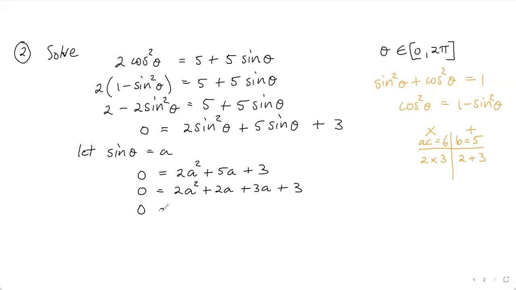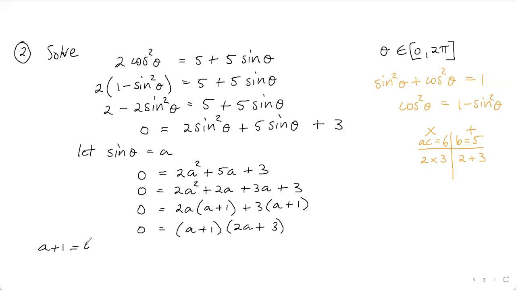And you might recall that we've got to factorize the first 2 terms together and then factorize the second 2 terms together. So now notice our brackets is common. So I've got an a plus 1 and a 2a plus 3. So using the null factor law, I can say that a plus 1 equals 0.